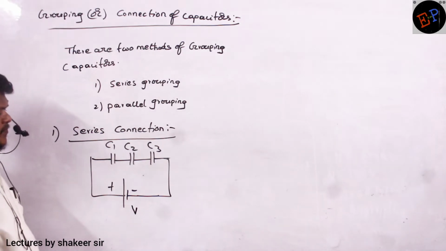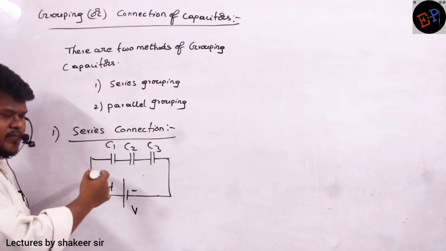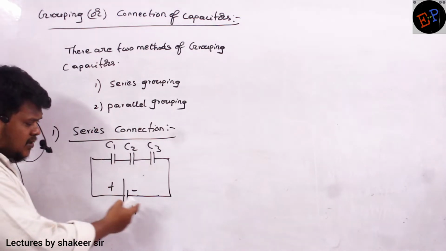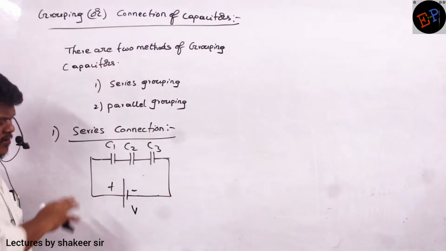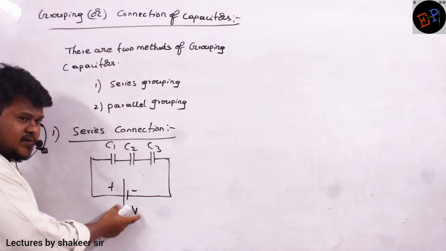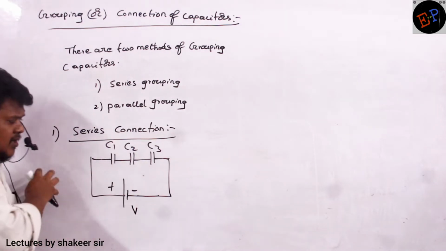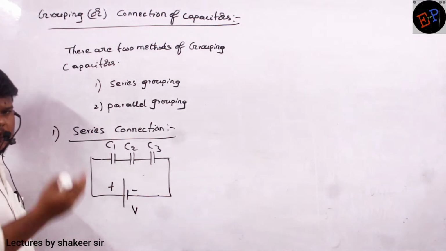Already we studied how charges will be distributed in a capacitor, no? Electrons are received from one end and deposited on the other end. Same concept: the battery allows the movement of charges in the circuit and makes these capacitors charged capacitors.